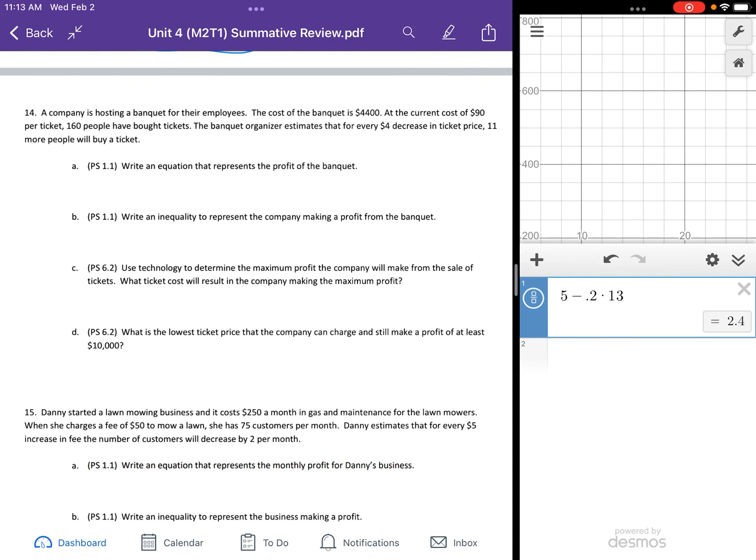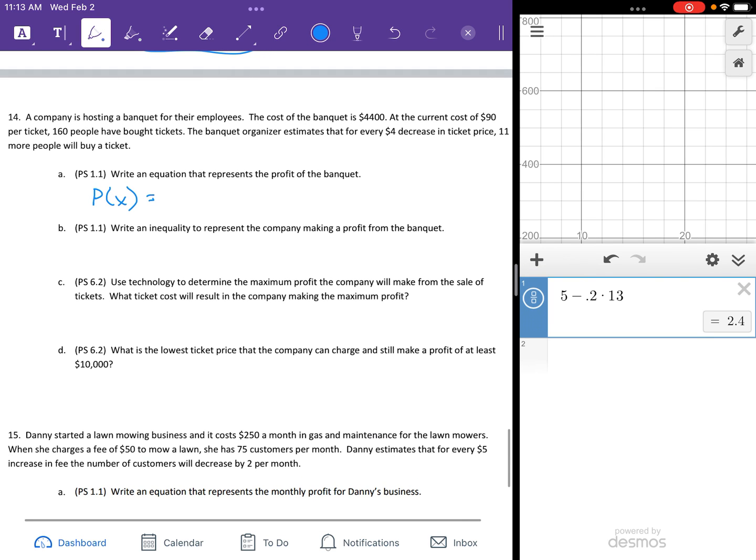buy a ticket. So it's the same idea as last time. We have P of X equals, we're going to do the money first. So the current cost is $90. We're going to do a $4 decrease, just we're not sure how many times. Next, the people. There are 160 people coming to this banquet, but if we lower the price, we're going to have 11 more people come for each time we lower the price.